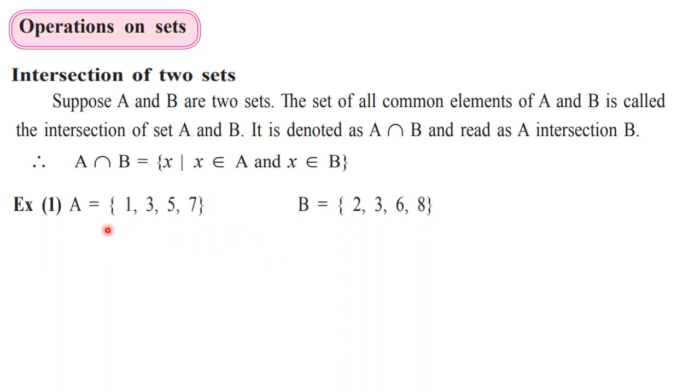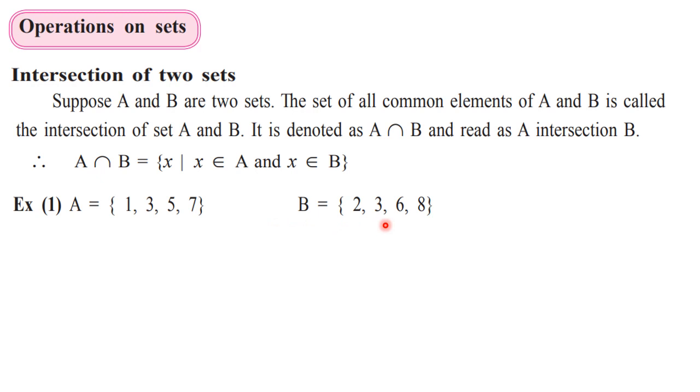Here we are provided with two sets A and B, and for these two sets we have to write A intersection B. A has elements 1, 3, 5 and 7. B has elements 2, 3, 6 and 8. Now here you circle the common elements.